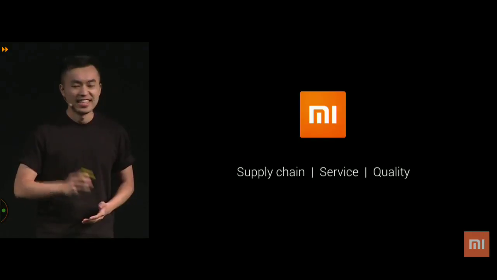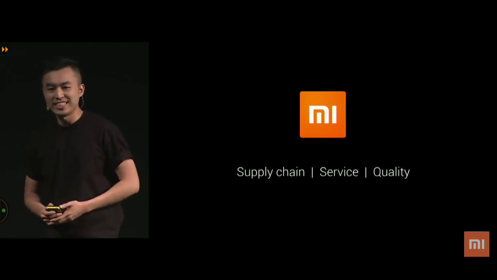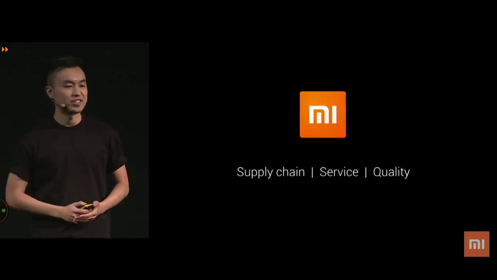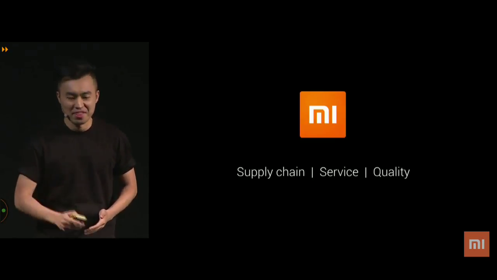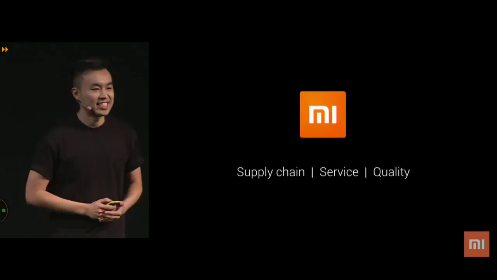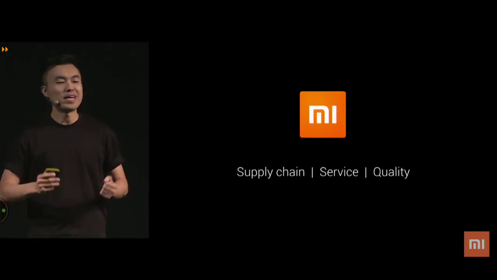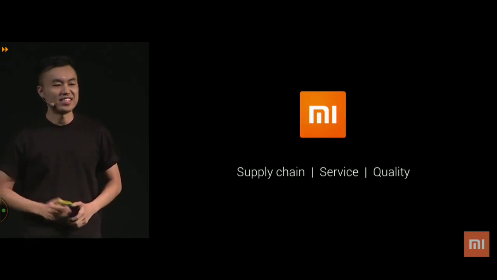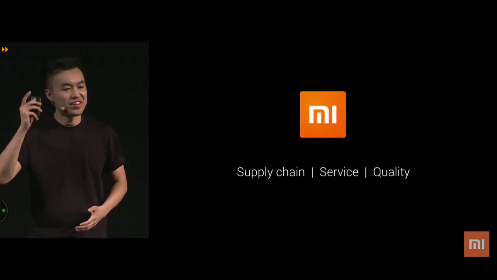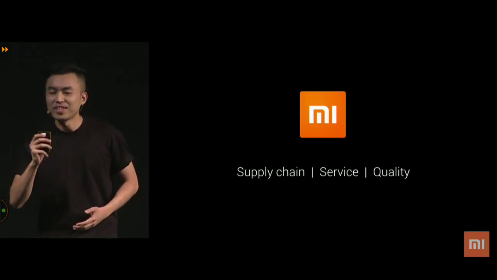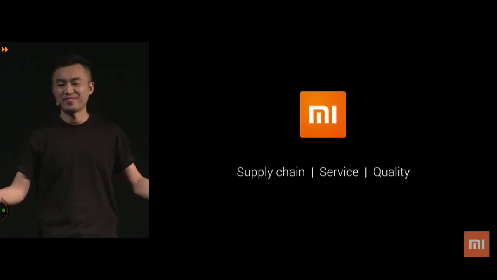In fact, Xiaomi has 6 factories in India, producing millions and millions of smartphones every single month. And not just that, according to a recent third-party survey, Xiaomi is the leader in after-sales service, with over 1,000 service centers in India, just in case you have some concerns, which we don't expect to have.